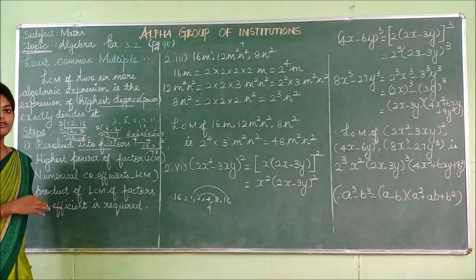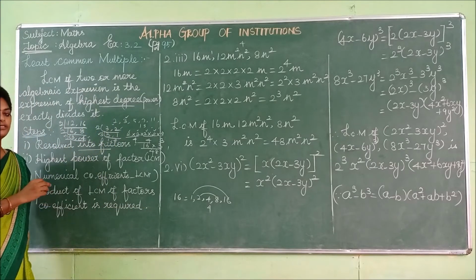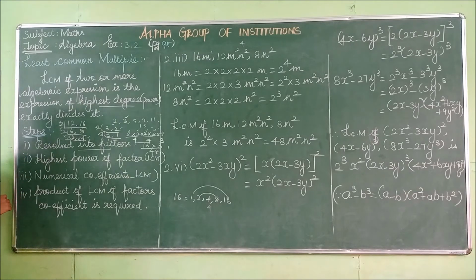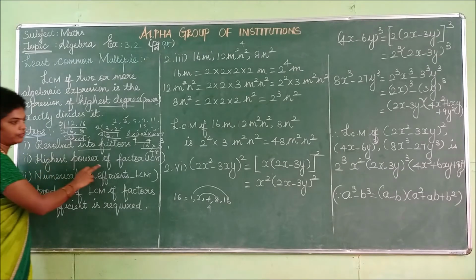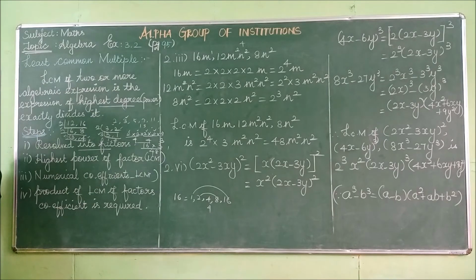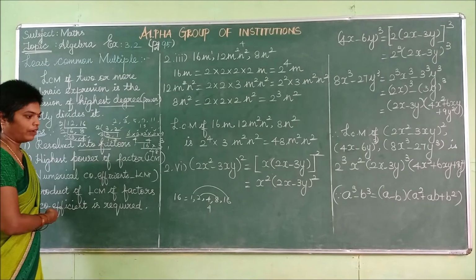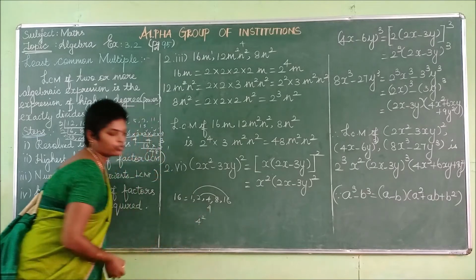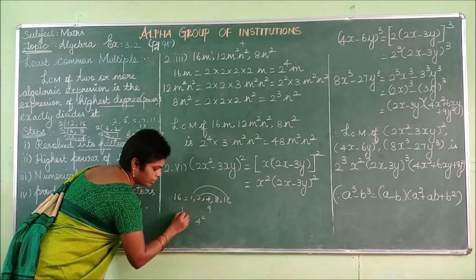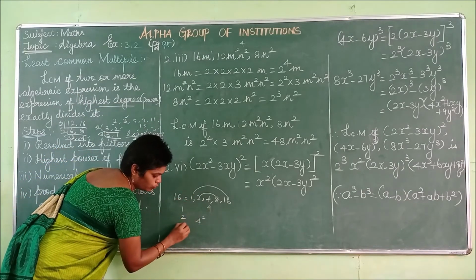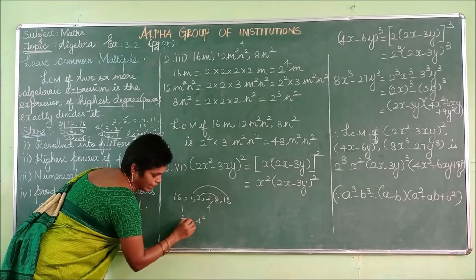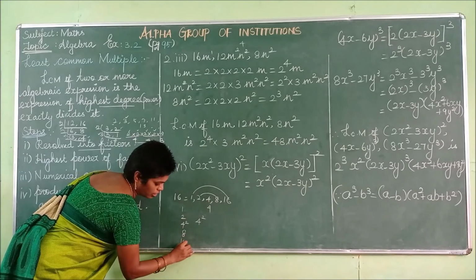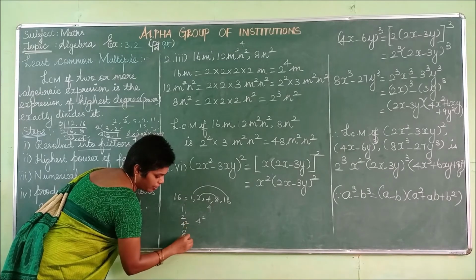Likewise, you have to find the factors for the algebraic values also. Then the highest power of the factor will be taken for the LCM. What is the highest factor? Here the highest factor is 4 squared, because the factors are 1, 2, 4 as 2 times, then 8, 16. So these are of power 1.